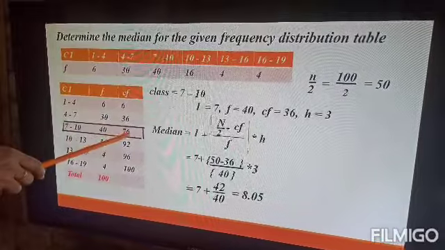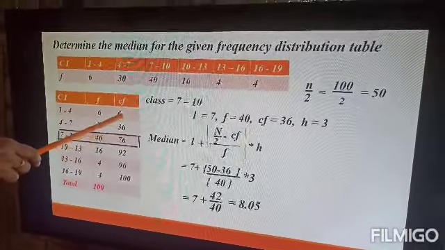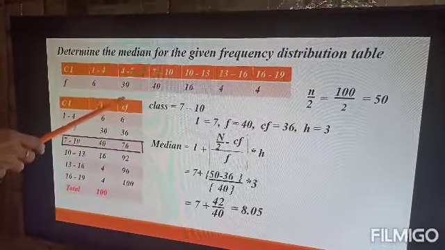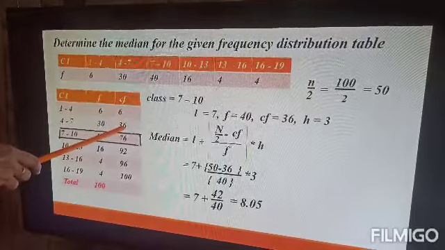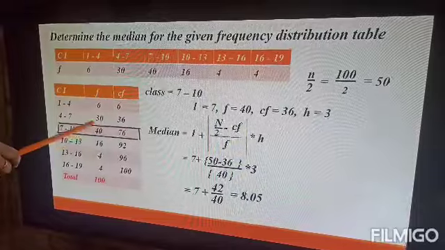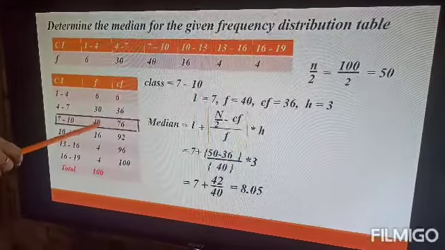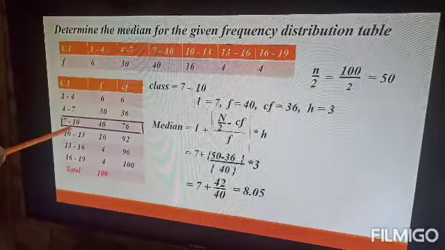Next, the cumulative frequency of the previous class is called CF. Then the frequency of the median class is called F. Then we need L, the lower limit.